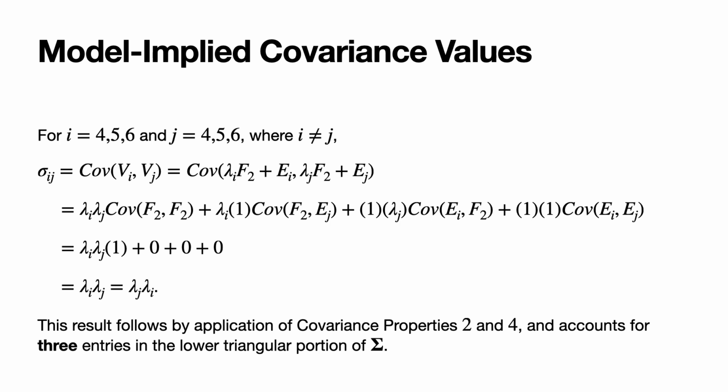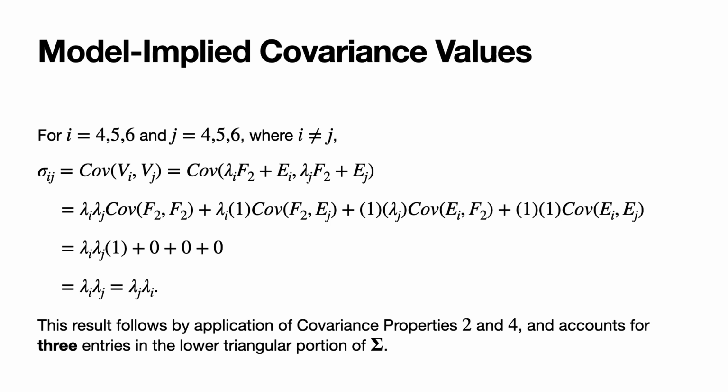This is equal to lambda sub i times lambda sub j times the covariance of f2 and f2, plus lambda i times 1 times the covariance of f2 and e sub j, plus 1 times lambda j times the covariance of e sub i and f2, plus 1 times the covariance of e sub i and e sub j.